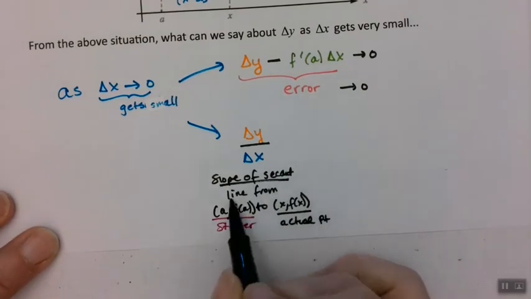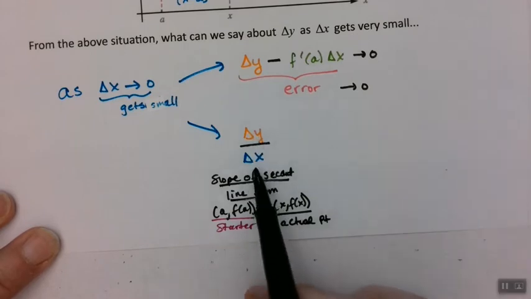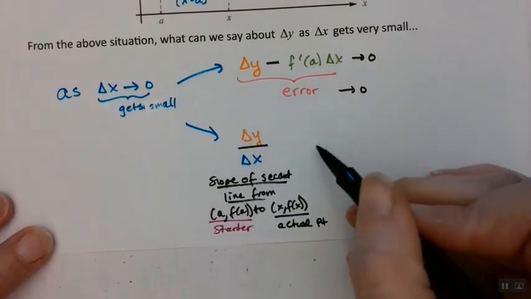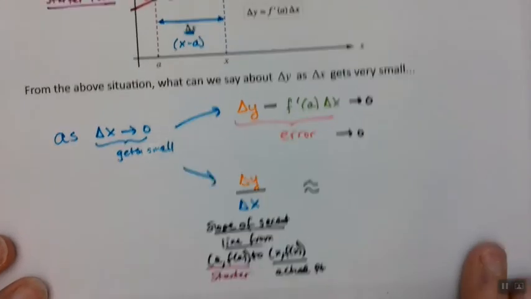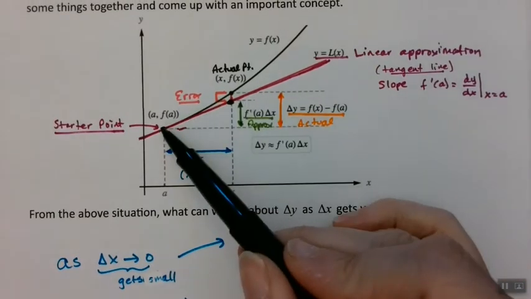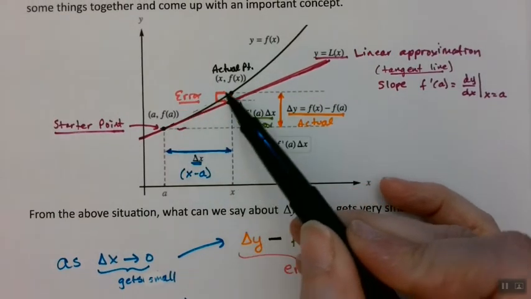That's what this is, right? So the delta y over delta x is getting closer and closer to, well, look. So there's the secant line right there.